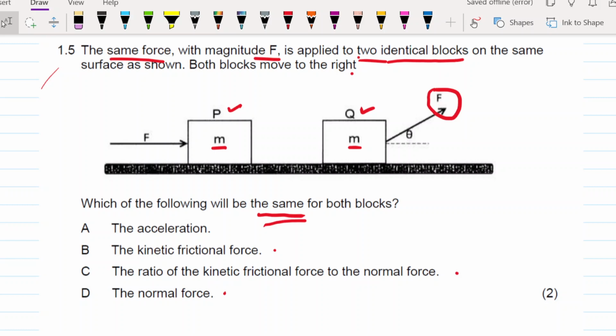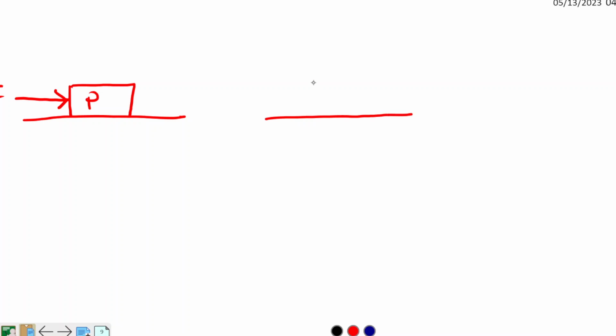We have to choose from these 4 options. Before we choose, let's quickly explain what's happening here. We have block P, and there was a force pushing it on that side. Then we have the second block, block Q, and there was a force pulling it in that direction at a certain angle. For block P, let's do a little free body diagram.